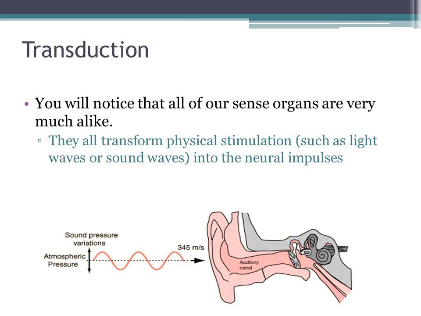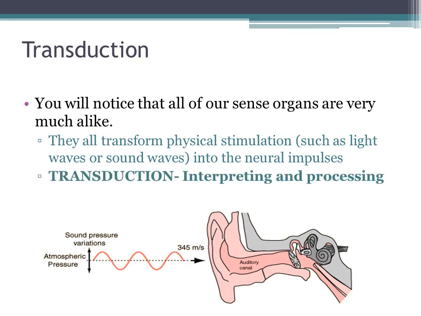We'll talk about the auditory canal, and then it goes all the way to the back of the ear. In the cochlea, which we'll talk about, that looks like that little snail, it changes to a message, and that message then sends the information, whether it's loud or soft or a soothing sound, and that gets processed in the brain. Transduction is interpreting and processing.